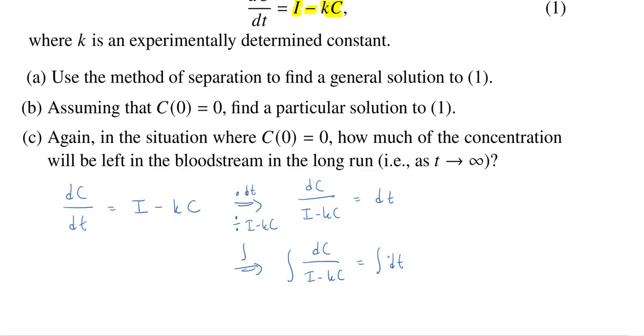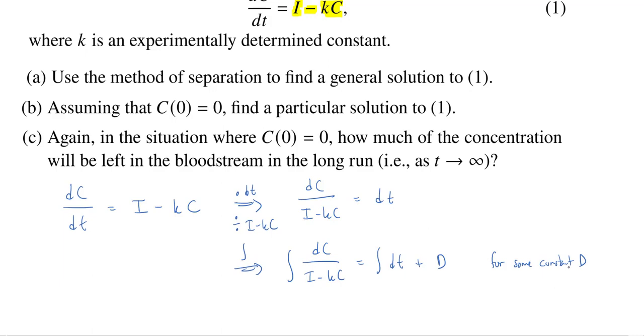So when I take an antiderivative of both sides of an equation, I can't be sure I'm taking the same antiderivative, so I have to say this is true up to some constant. Notice I don't use the letter C here because we've already used that as our variable name. I'm going to say for some constant D.